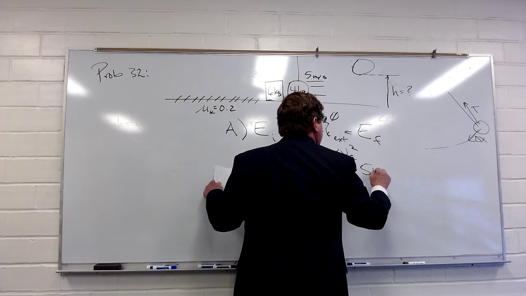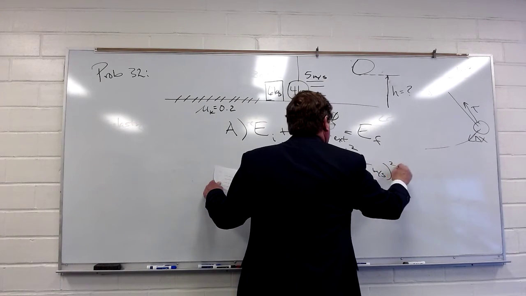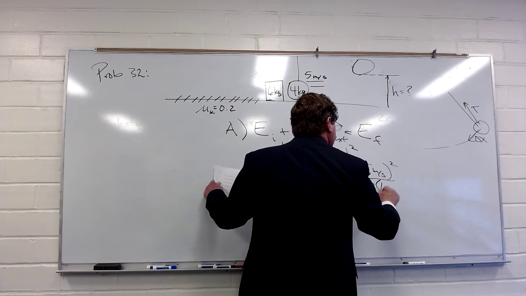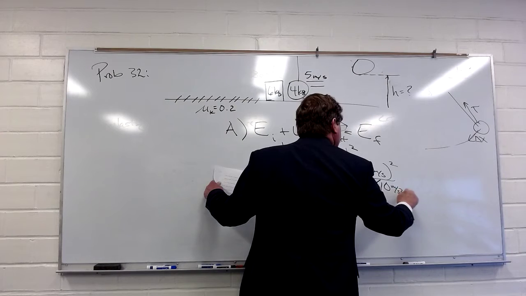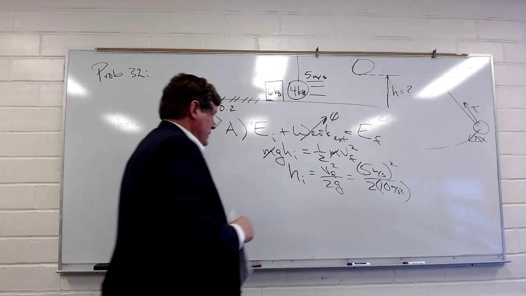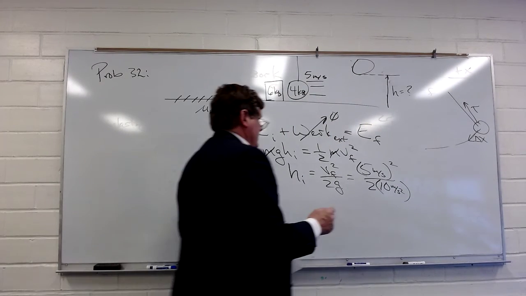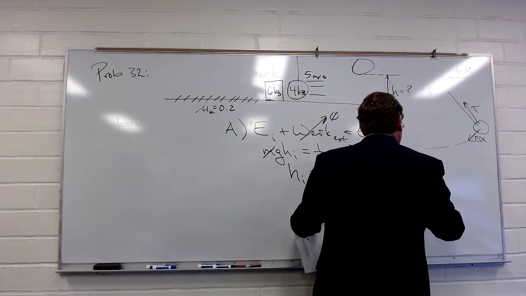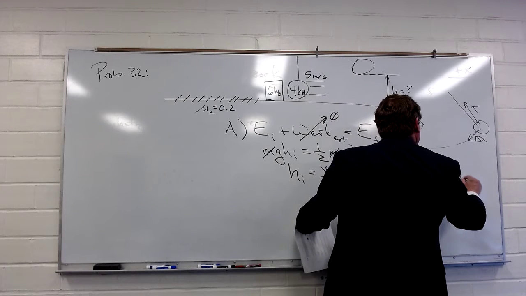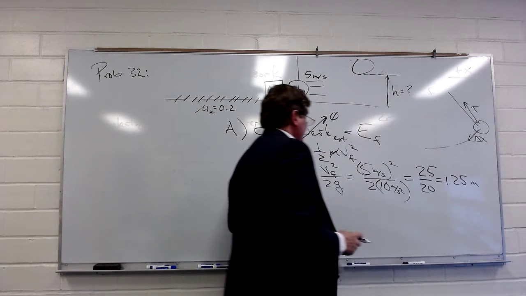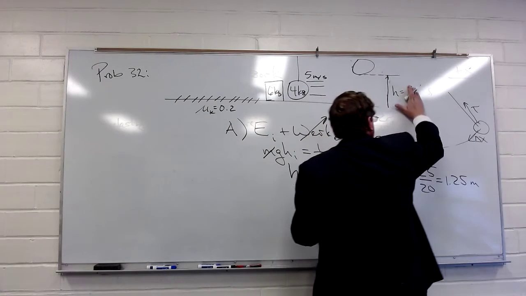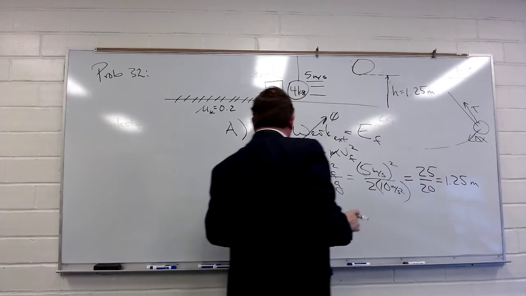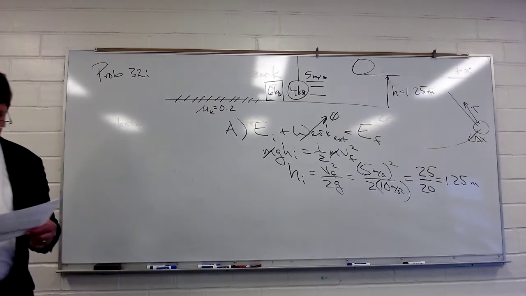That's going to be 5 meters per second squared over 2 times 10 meters per second squared. And when I solve that, I get 25 over 20, or 1.25 meters. Okay, so this was 1.25 meters.